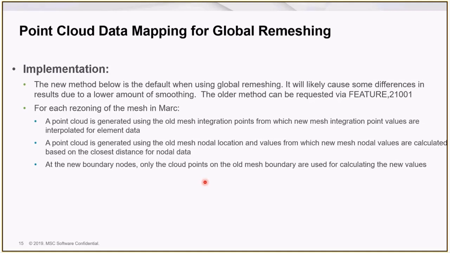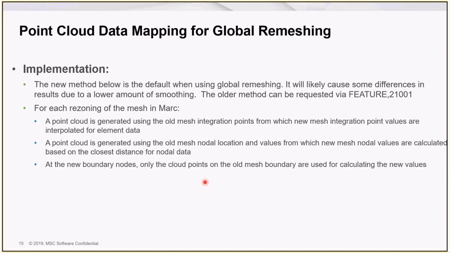Due to that lower amount of smoothing, they'll be more accurate. But we know in some cases people love the accuracy, but they really need to stay consistent for some time. So the older method is still available, and it can be requested.